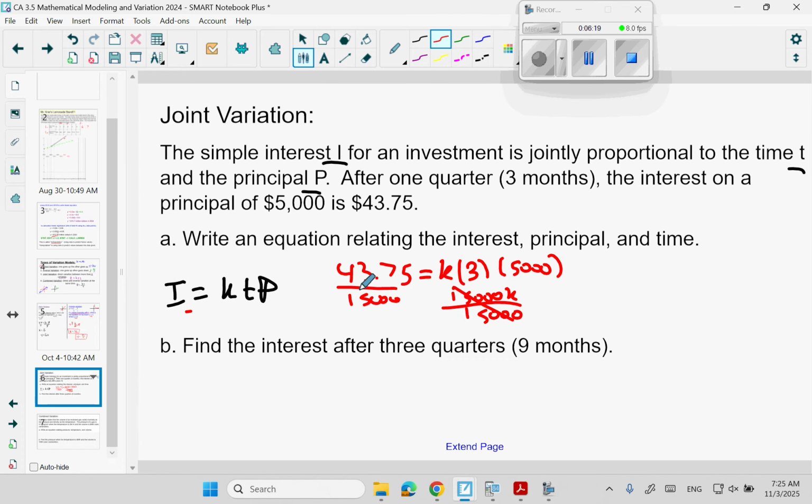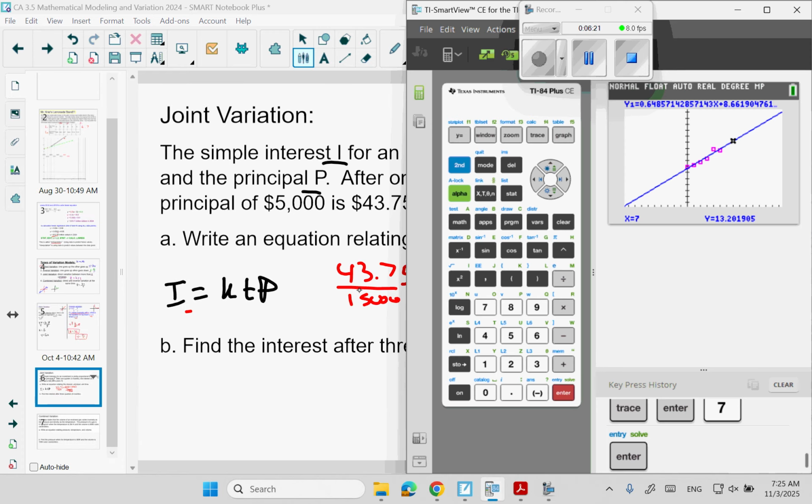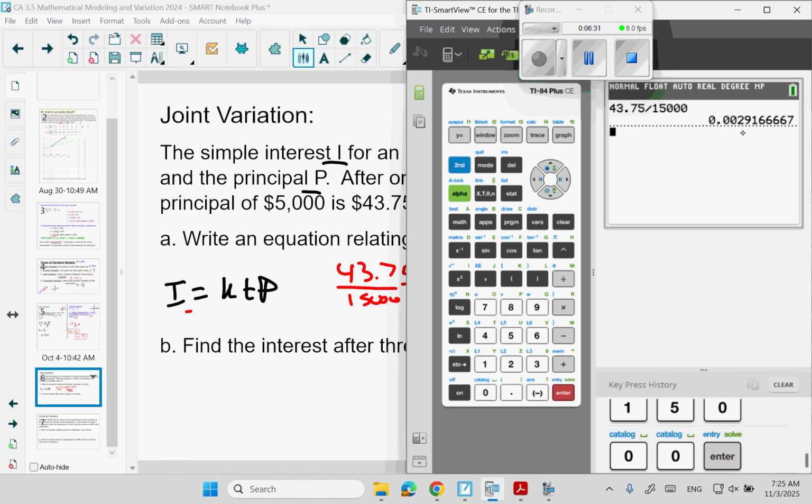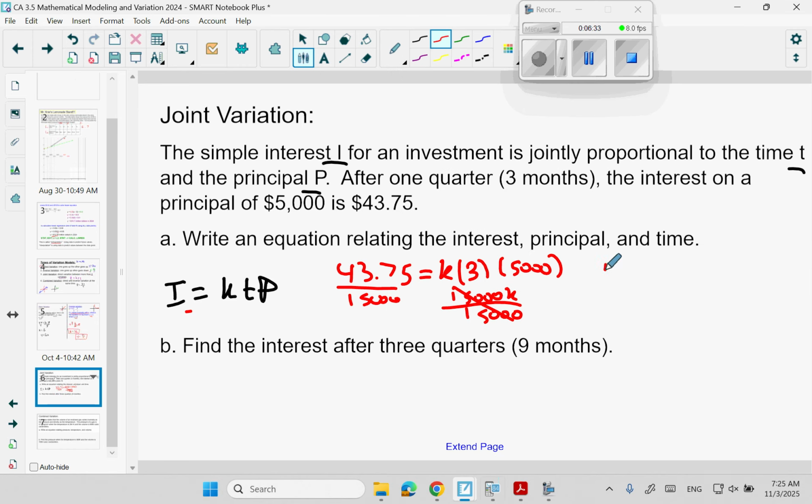So k has to equal 4375 divided by 15,000. So we get k is 0.0029. So we get I equals 0.0029tp.